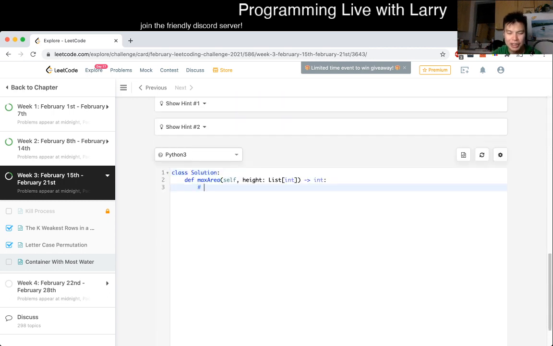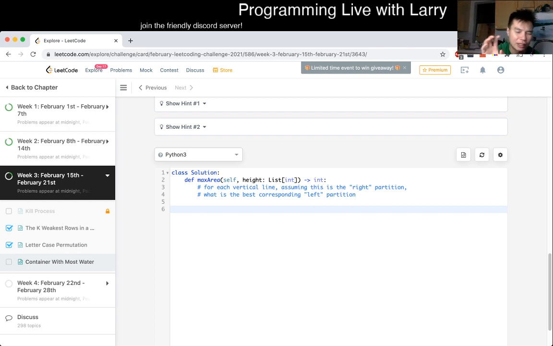For each vertical line, assuming this is the right partition, what is the best corresponding left partition, or the left vertical line?